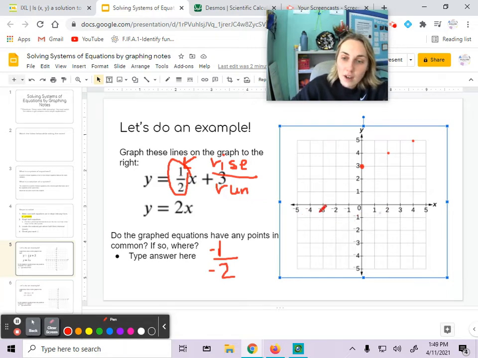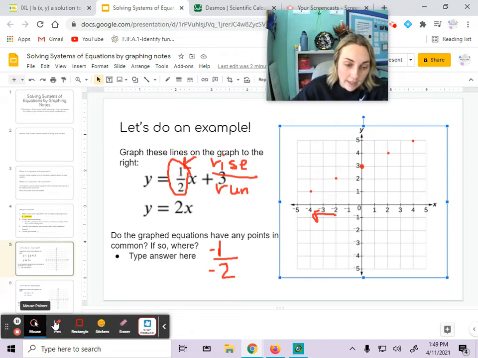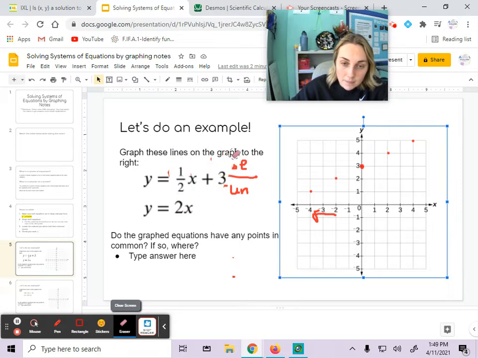And to go negative on the x-axis, you're going to have to go this way. Because as you can see, as we move this way, as we move left, the numbers get smaller. So that's going to make them more negative. So I'm going to go down 1, and I'm going to run -2. Down 1, -2. And now I have enough points to go ahead and make my line.